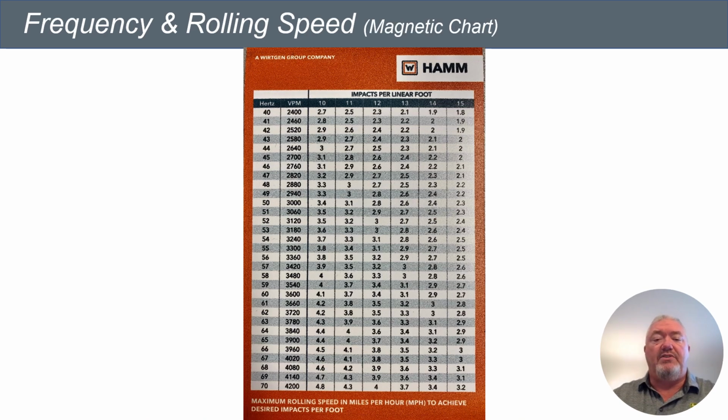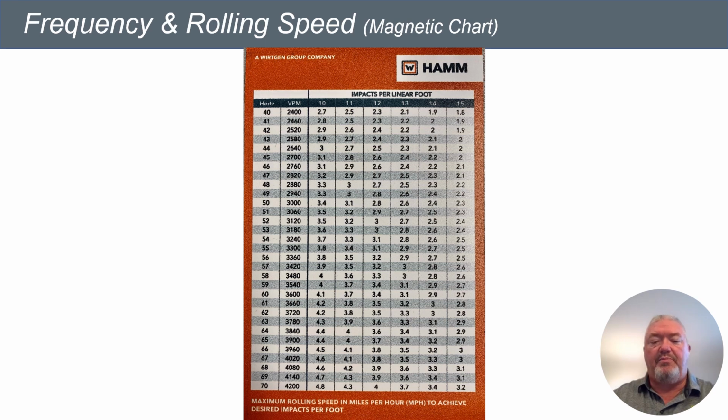We also have these magnets that show impact spacing as well. On the left-hand side is the frequencies. Up on top is the impact spacing, and then all the numbers in the middle are your speed. So for example, the 3000 VPM, we run over here, it's 2.8 miles per hour. That's 12 impacts per foot.